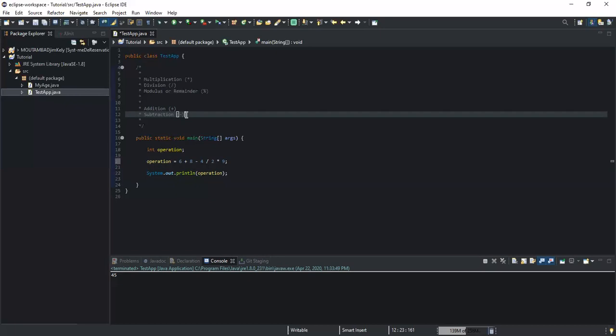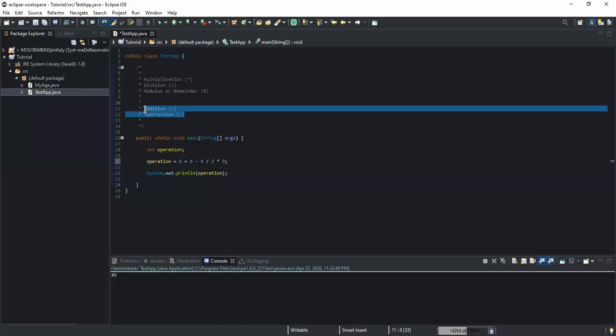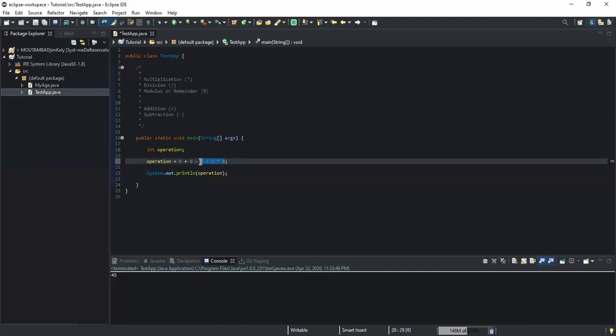Also remember that the addition and the subtraction have the same level of precedence. So this means that if I had this expression here, 6 plus 8 minus 4, it's going to start from the left going to the right. So it's going to be 6 plus 8, which gives us 14, and 14 minus 4 gives us 10.